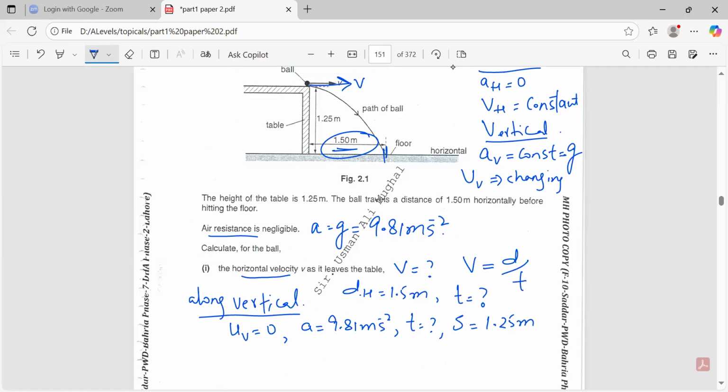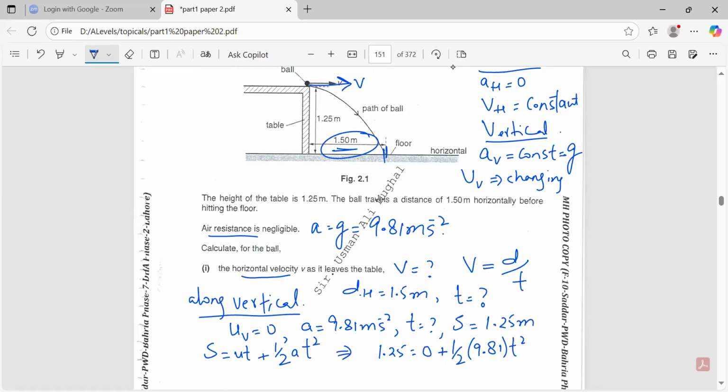To find out the time, we will be using the equation s equals ut plus half at square. Our value of s is 1.25, so instead of s we will use 1.25. The value of u will be written as 0, plus half, 1 by 2, acceleration 9.81, multiplied by t square.